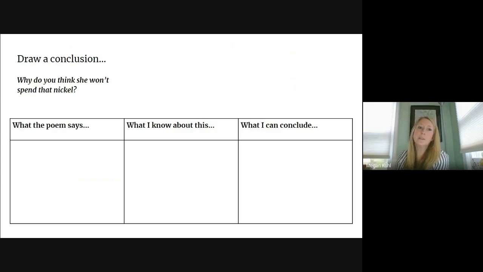And you can reread the poem and record your thoughts, what the poem says, what you know about this, and draw a conclusion about why she won't spend that nickel. You can pause the video now and work on that.